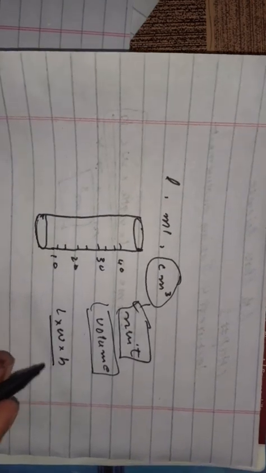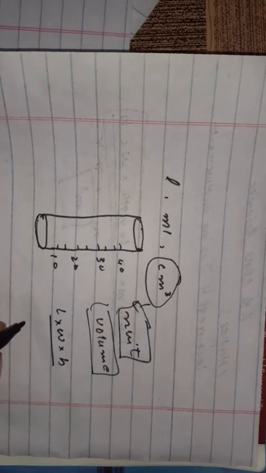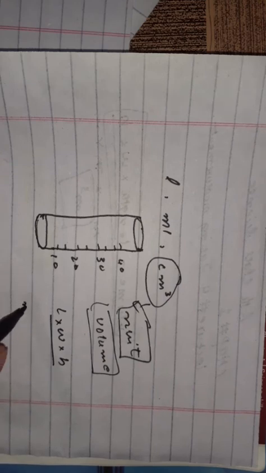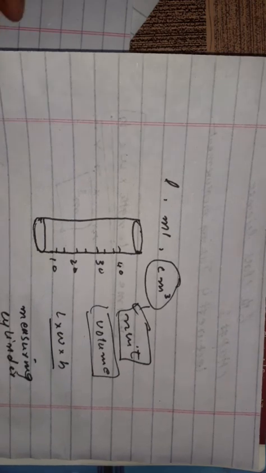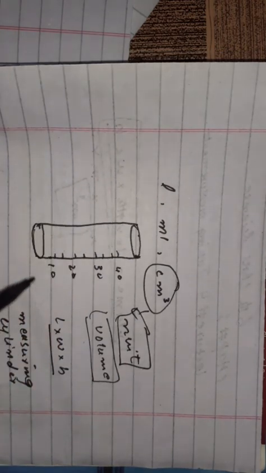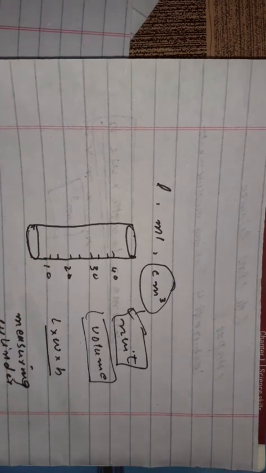For an irregular or odd shape, we use a measuring cylinder. You can see here, this one is the measuring cylinder, if we want the volume of an irregular shaped object. Clear, students? And there are different units, we have already talked about it. Thank you so much.